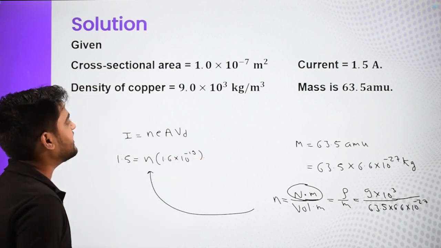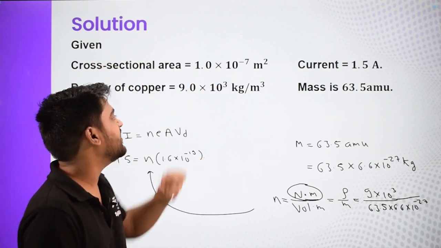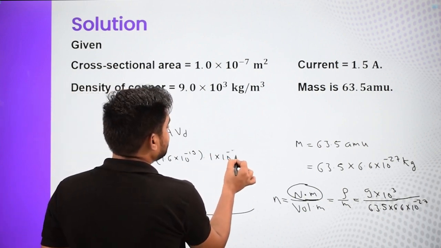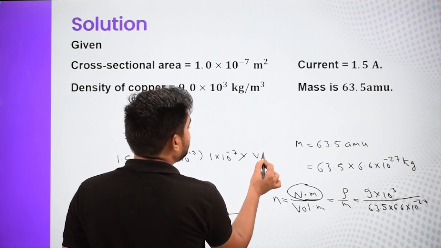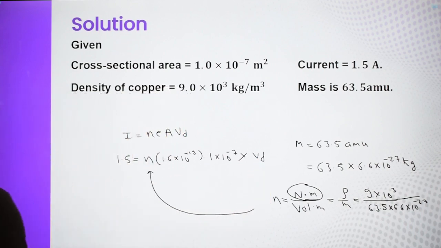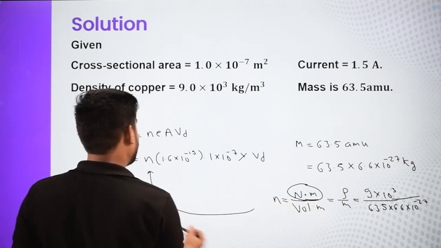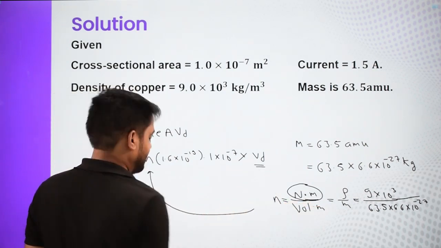The area of cross section is also given, that is 1 into 10 raised to power minus 7, and drift velocity is Vd. If we make Vd the subject and solve it, we get our answer for Vd. Just write this N value over here and solve it for Vd.